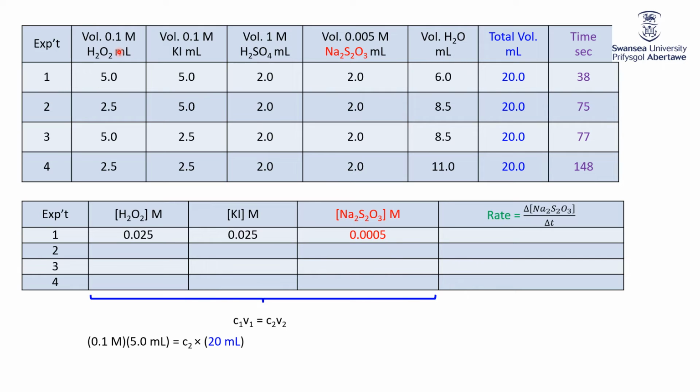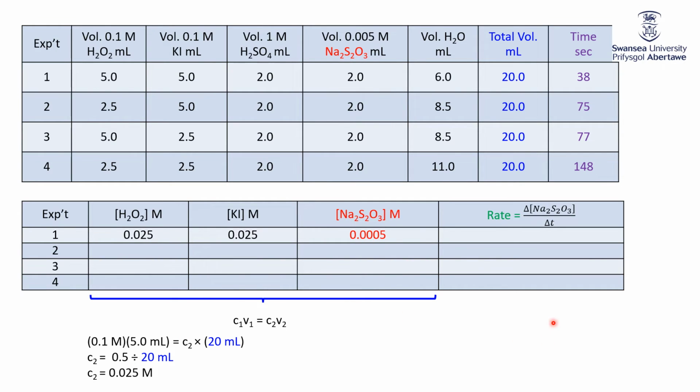So C1 was 0.1, V1 was 5, C2 we don't know, that's the new concentration of the peroxide, but I do know that the volume of that new concentration was 20 mL. So C2 is equal to 0.5 divided by 20, C2 equals 0.025. And I can do those calculations for the rest of these.